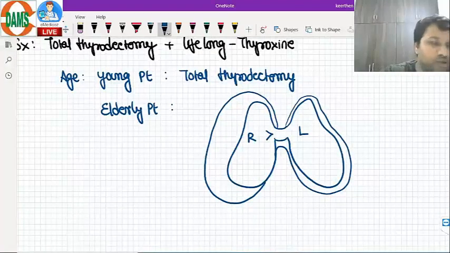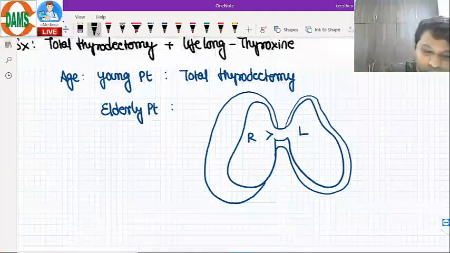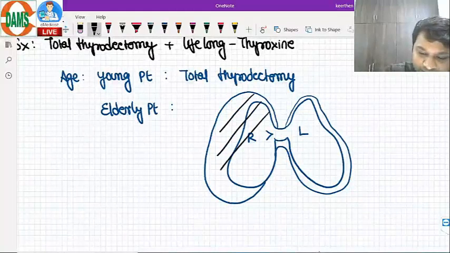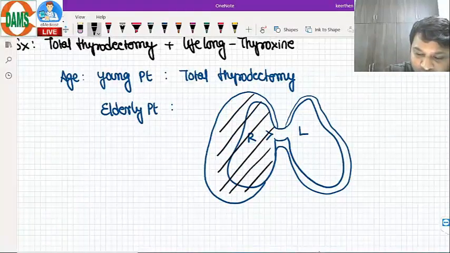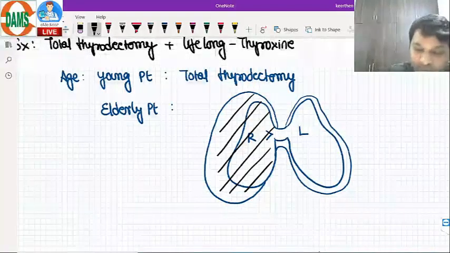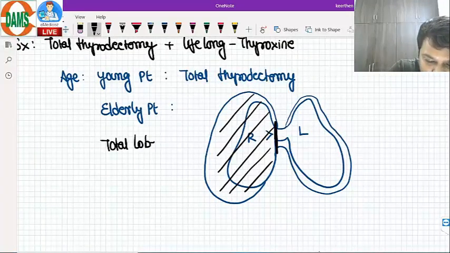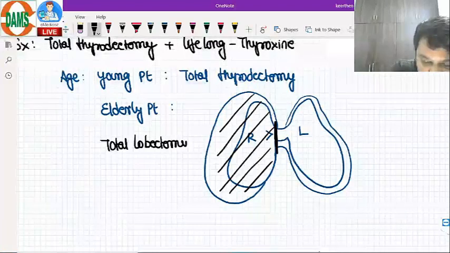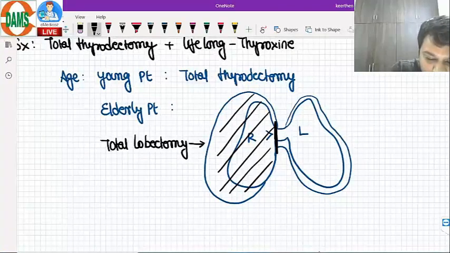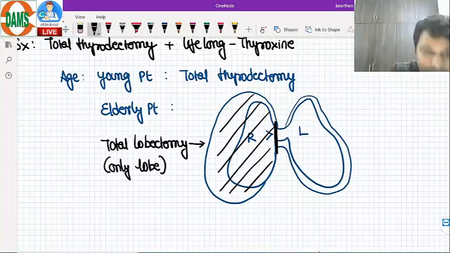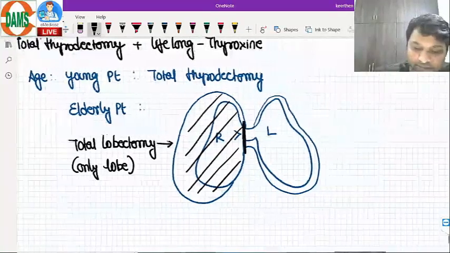In those patients, we are going to remove the side which is affected more. Remember, we only remove the lobe, not the isthmus, and this is now called total lobectomy. In total lobectomy, only the lobe is removed. Isthmus is spared.